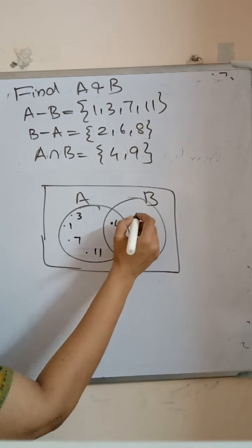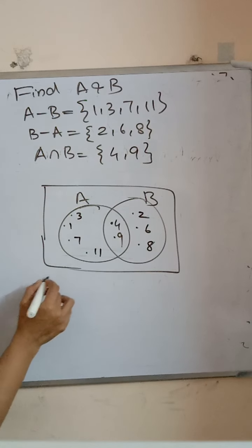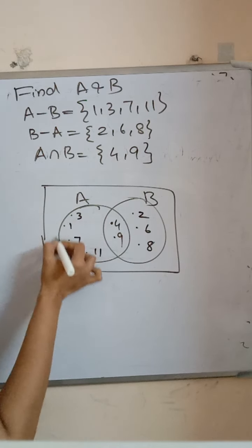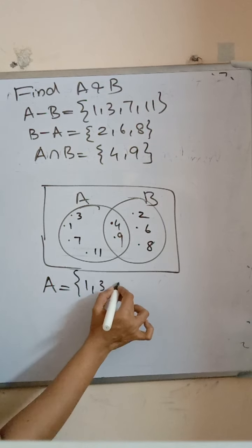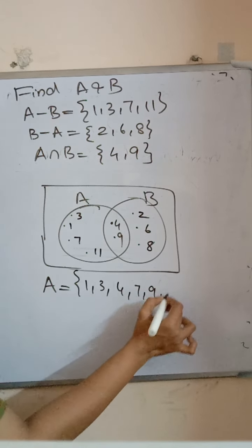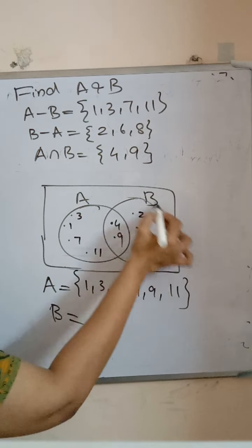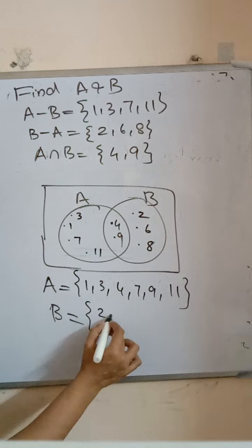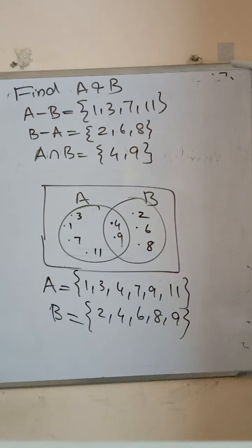And B difference A is 2, 6, 8. So the set A is this circle, that is the set 1, 3, 4, 7, 9, 11. And set B is this circle, that is the set 2, 4, 6, 8, 9.